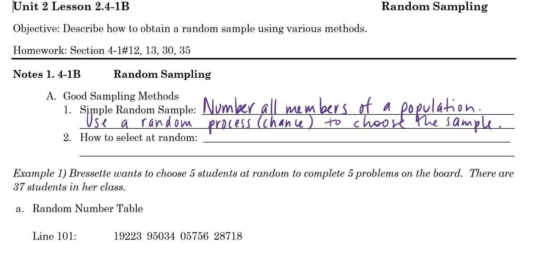So, I number everybody in my population, and I use a random chance process to choose the sample. Well, what do you mean by a random process? There are a few different random processes that we use, but our main one is actually a random number table, which is exactly what it sounds like. We also can use a random number generator, which your calculators all have.